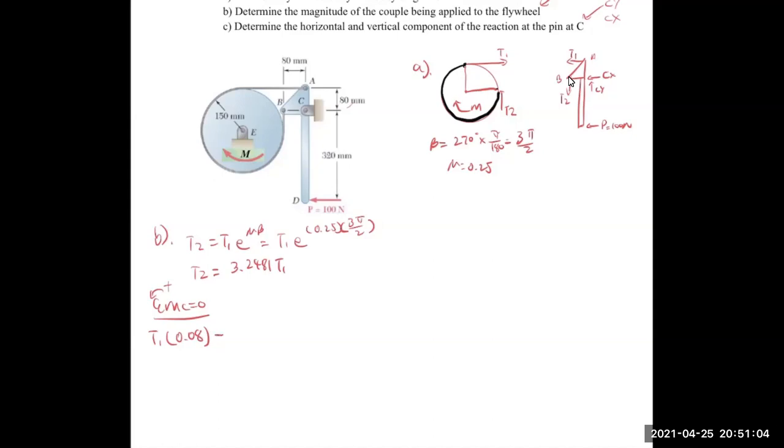Plus T2, same distance, 0.08, and then minus 100, because this 100 is going clockwise, right? Minus 100, distance 320 millimeters, let's convert that to meters, so 0.32, equal to 0.